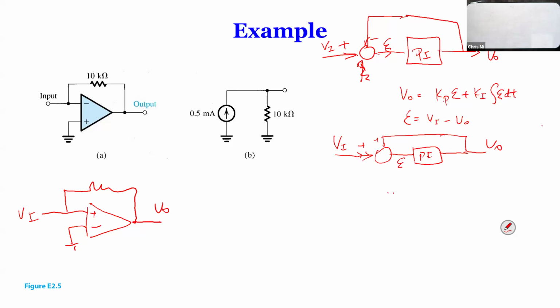So your output is going to be k times epsilon plus the integrator of epsilon over time. Ideally, if your VO and VI... well, this is probably not the best way, but that's okay.